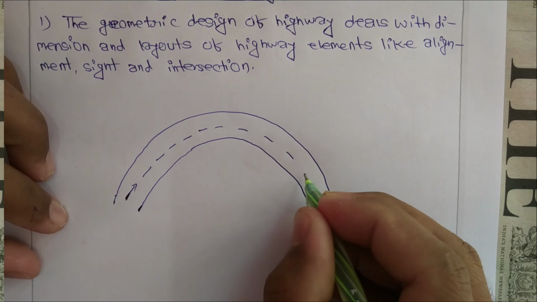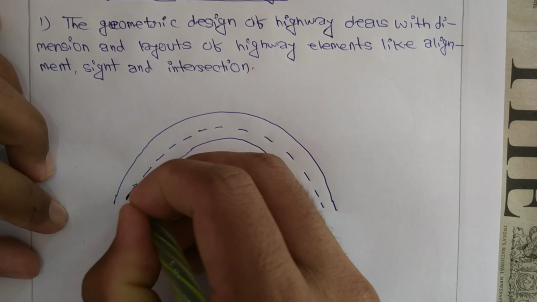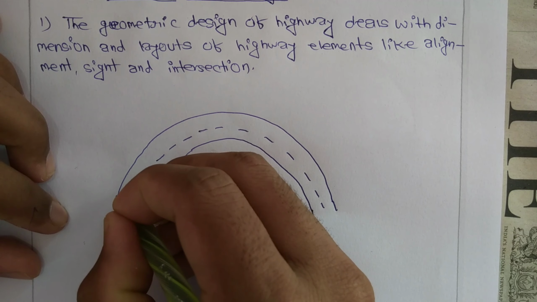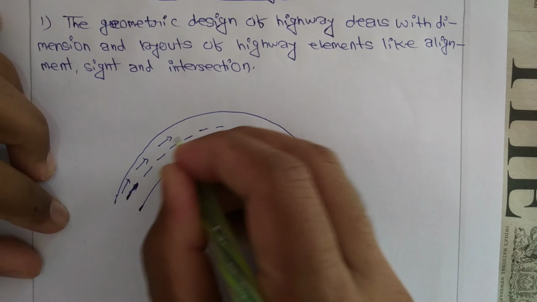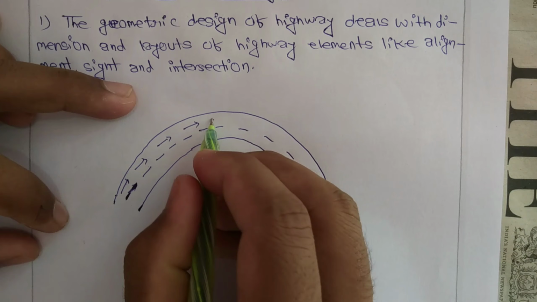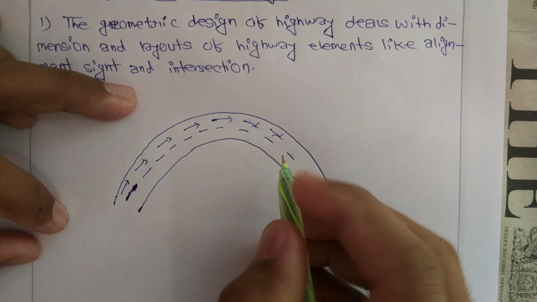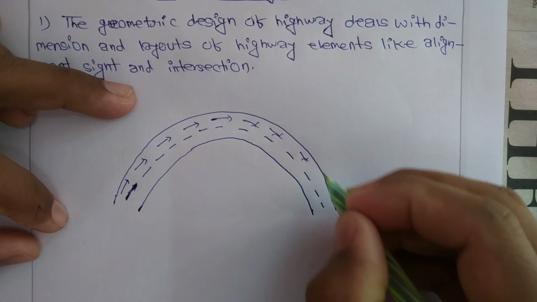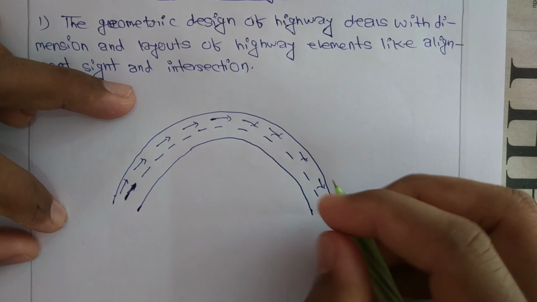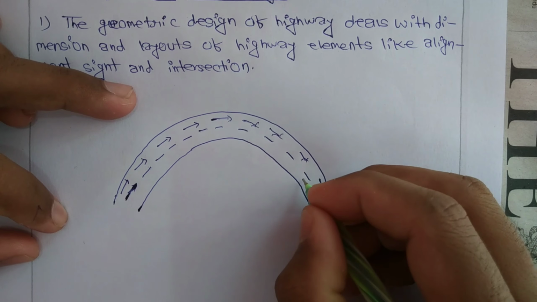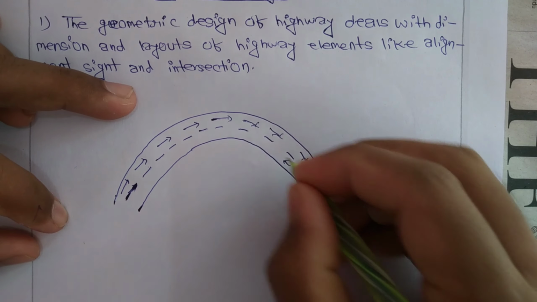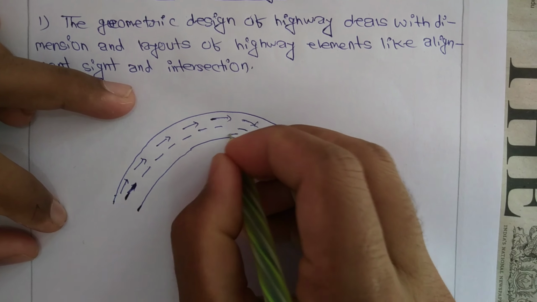See the center line of the road. This is vehicles moving indication. Vehicles moving indications in this side, and this side is opposite vehicles is going.